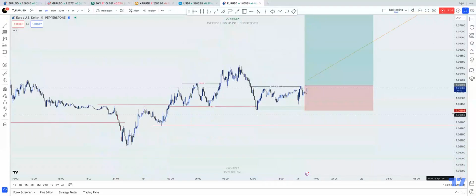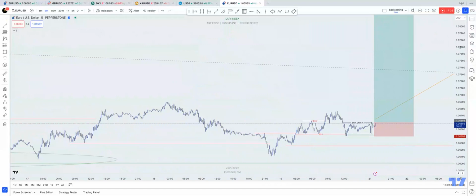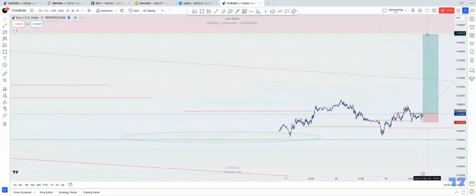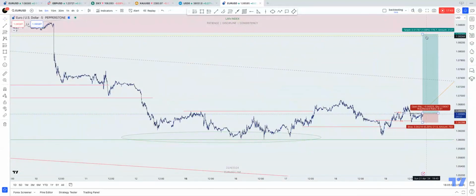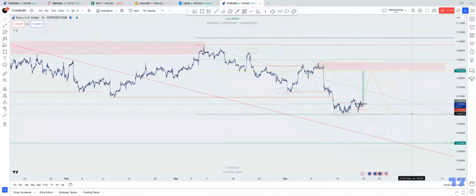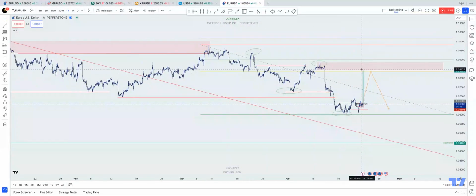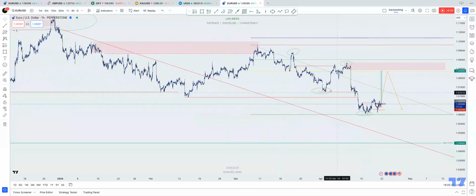We have our targets. So I'm looking for price to rally all the way up here before considering any bearish setups, right? Now, when price gets here and we get a sell, this is going to be our new lower high for our internal structure.